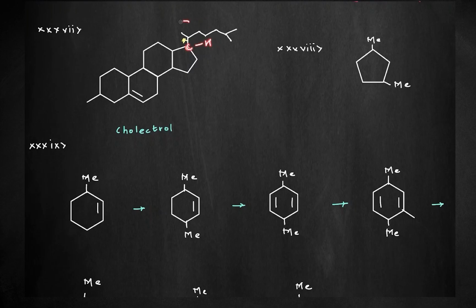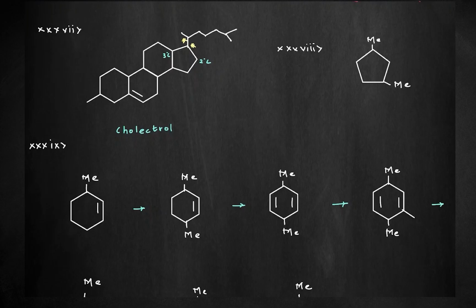One is the H, one is this whole part, second is the H, and third, this particular carbon is the tertiary carbon. This is the secondary carbon. So if you look at this position, it has one this part, one hydrogen, one side secondary carbon, one side tertiary carbon. That means it has 4 different groups. Clear? So you will say this is also a chiral atom. Got it? Now I hope it is getting easier to you to understand.